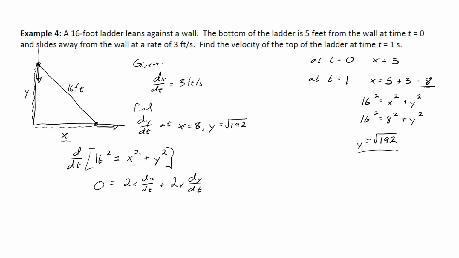And then I kind of have everything that I need. I know dx dt is 3 feet. I know x is 8. I know y is the square root of 192. I knew I needed to find these two, x and y, because of where it is.